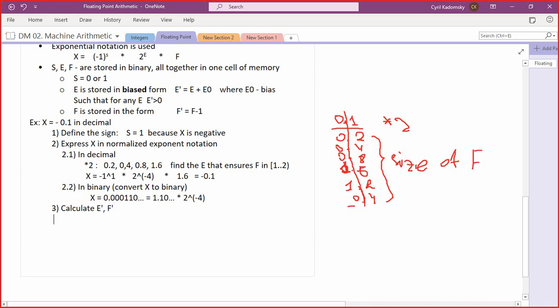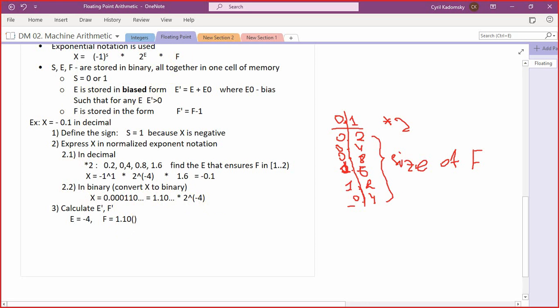We start from the exponent and fraction that we have here. The exponent here is minus 4. That is the one that stands in the power of 2. And the fraction is this, which doesn't have the power of 2.